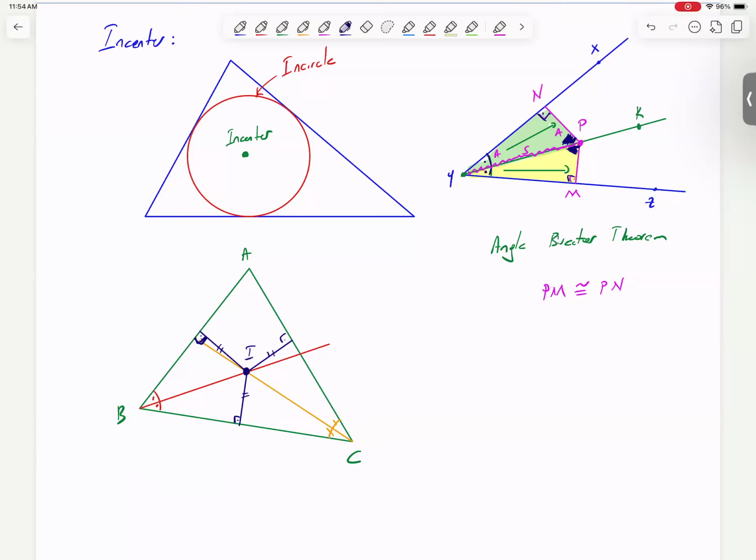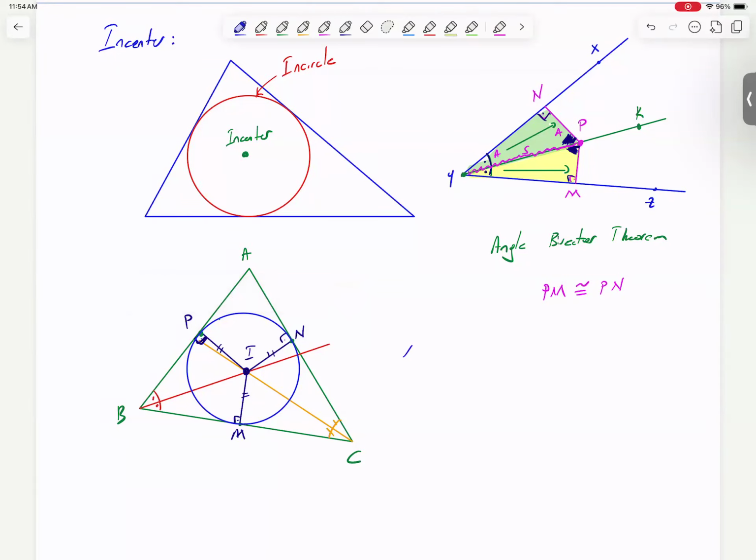Let's say these points are M, N, and P. Now we can draw a circle. The center is I, the radius is IM, inside the triangle, passing through P, N, and M. This is the incircle, the largest circle that fits in this triangle.